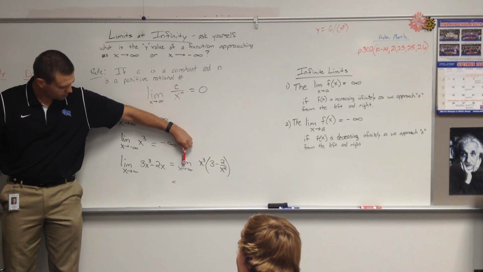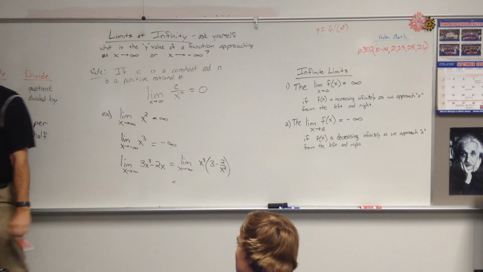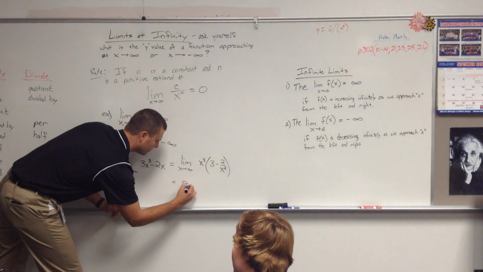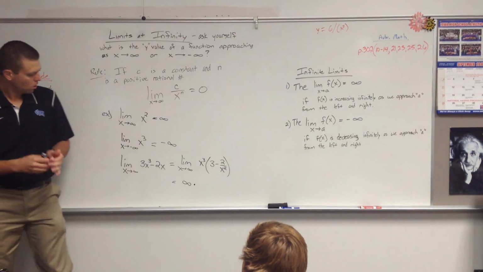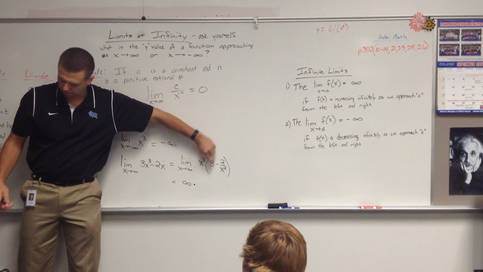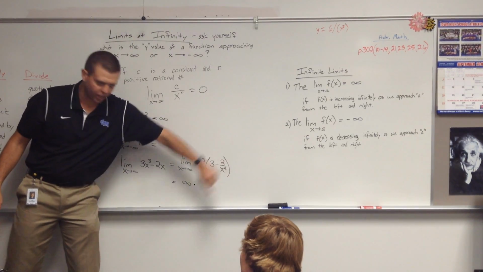What's the limit as x approaches infinity of x cubed? Infinity. What's the limit as x approaches infinity of 3? 3. What's the limit as x approaches infinity of 2 over x squared?